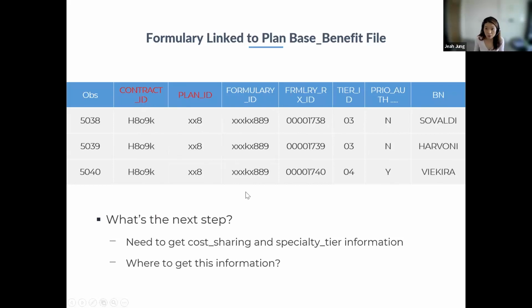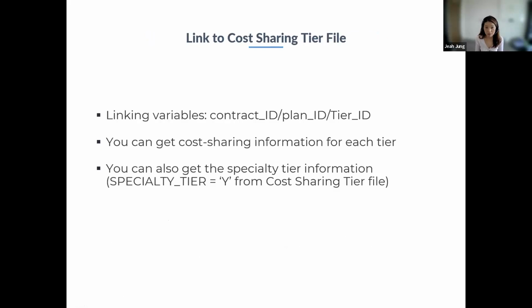So I first merged this with the base plan file, and then we have the contract ID, plan ID, and tier ID, and then I merge with the cost sharing tier file, where the unit of record is contract ID, plan ID, and tier ID. So then you can get the cost sharing information and specialty tier, right?